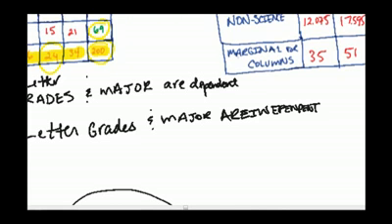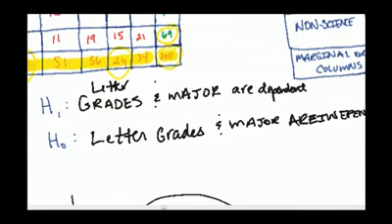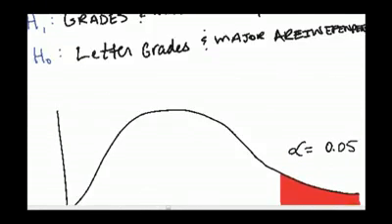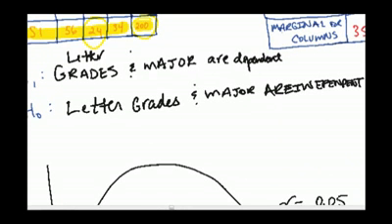So the null is that the letter grades and the major are independent, and the research hypothesis is that they are dependent. Since we are in the rejection region, we go with the research hypothesis, and the conclusion is that the letter grades and the major are dependent, which kind of makes sense, right?